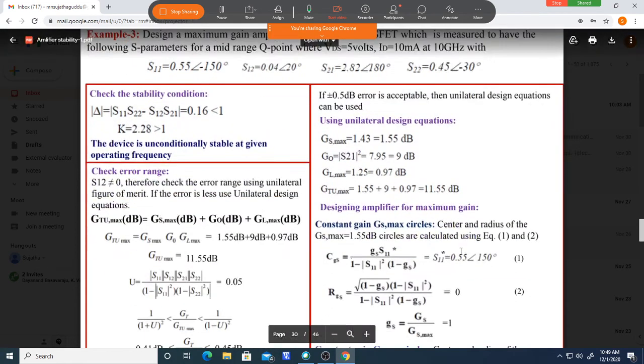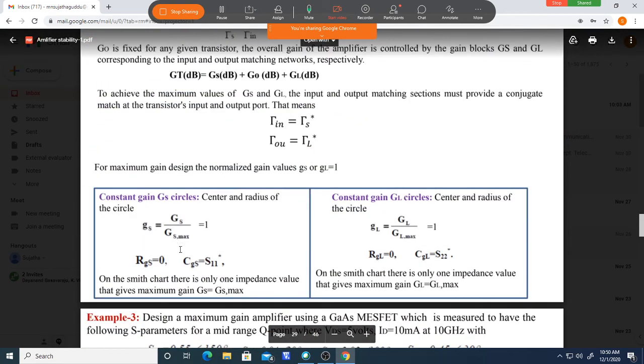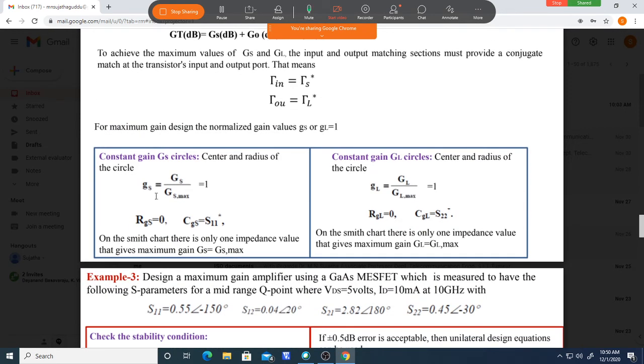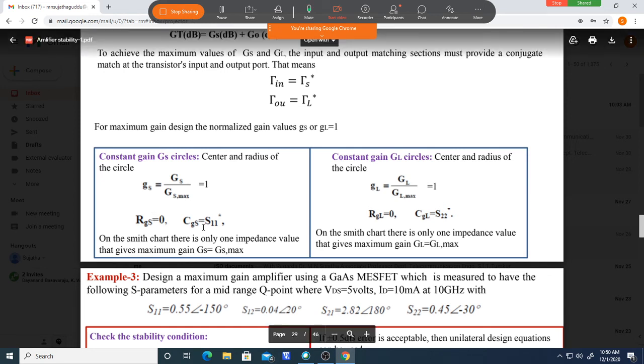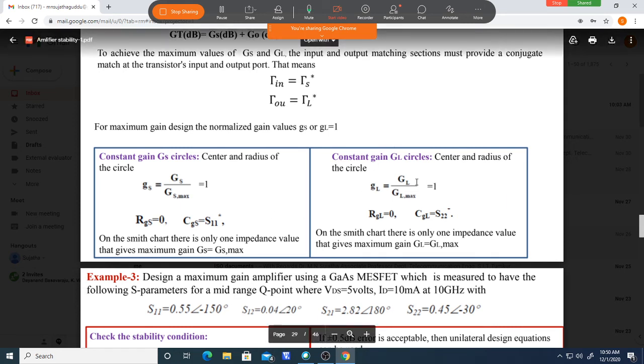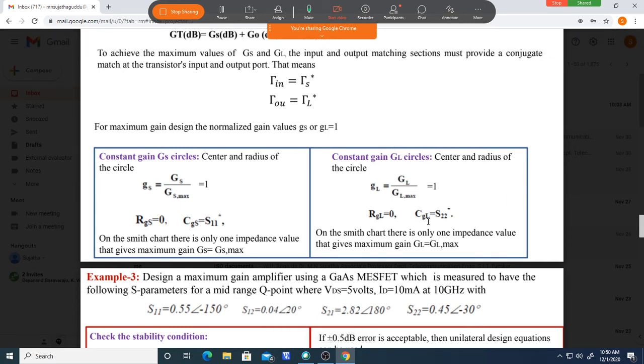For the gain circle, the center is at GS maximum, with normalized gain equal to 1, so the radius of the circle becomes 0. The center takes only this value, the complex conjugate, for the input gain circle. Similarly for the output gain circle, this is the center, but the radius becomes 0. So the circles become points. For maximum gain design, there are no gain circles.